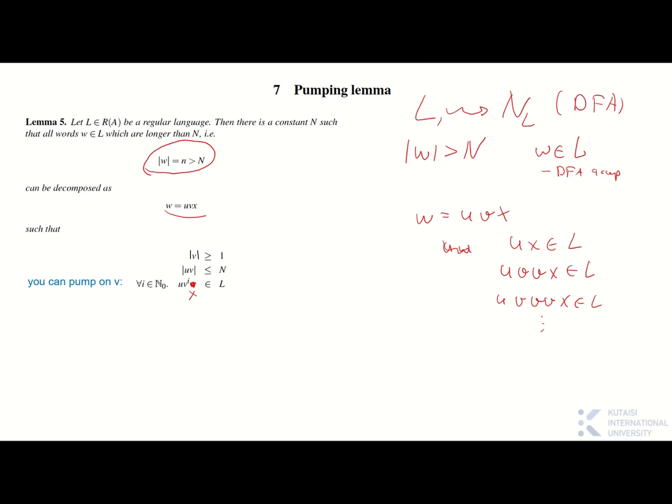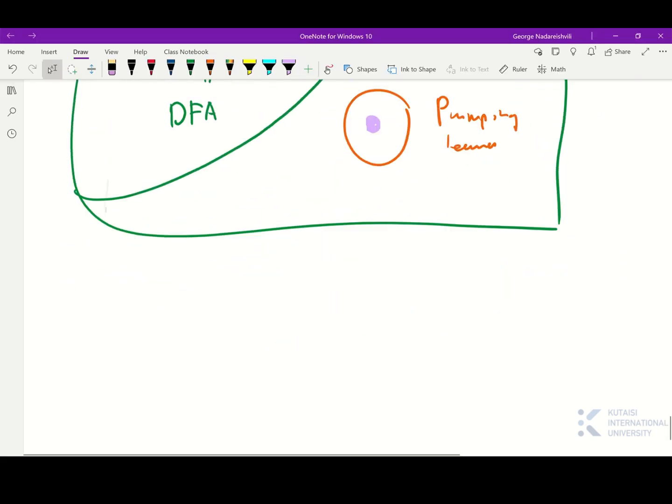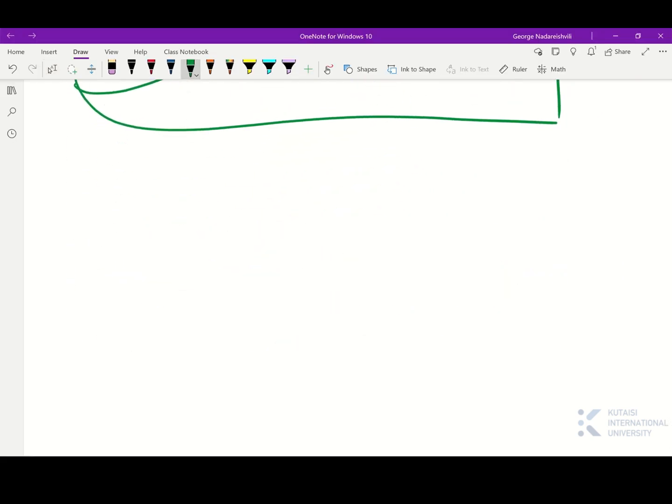So let's see an example of why this is very useful. Remember, we had this language before we prove it. Even though the proof is very intuitive and trivial, let's look at a language like this: a^n b^n, where n belongs to the natural numbers.